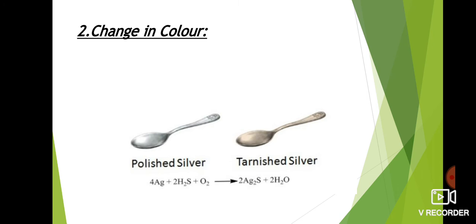First, silver means Ag reacts with hydrogen sulfide that are present in atmosphere and oxygen that are also present in atmosphere. It gives rise to silver sulfide means Ag2S. This compound makes the silver tarnish, along with water molecules. Understand?